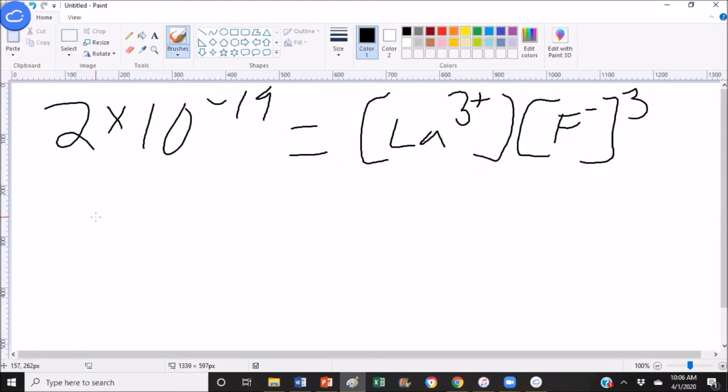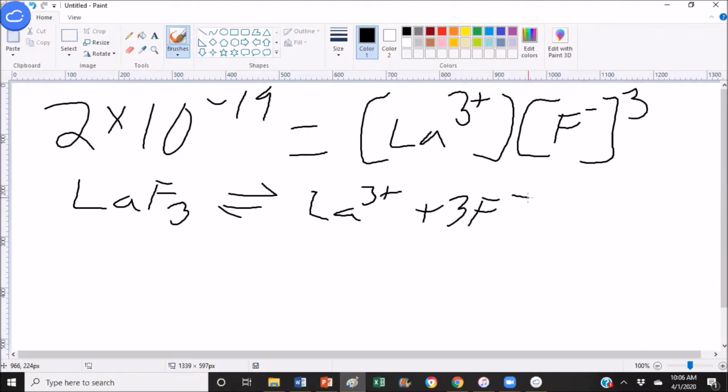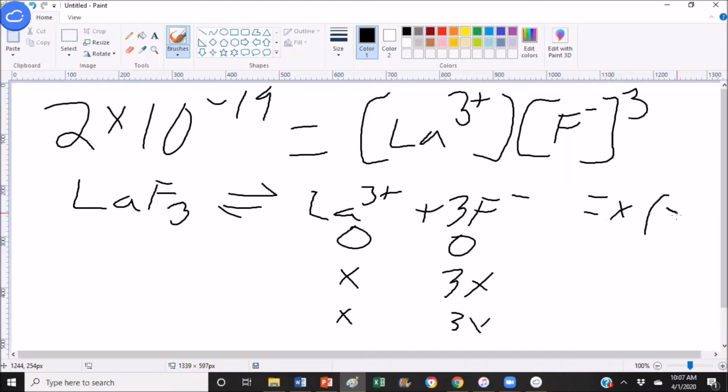And then when we write our ice table, we form 1 lanthanum and 3 fluorines. So 0, 0, X, and 3X. So we essentially have Ksp equals X times 3X cubed, or 27X to the 4th. So that's the hardest thing we could possibly see.